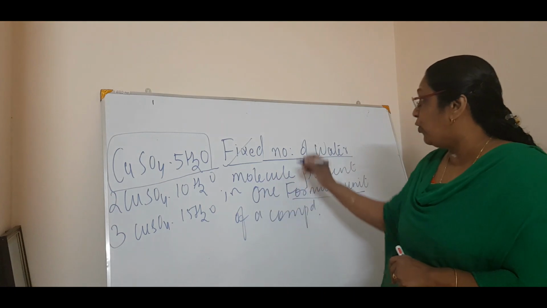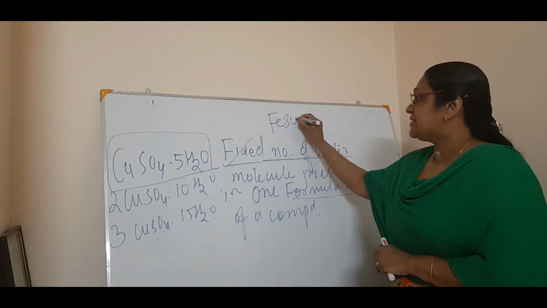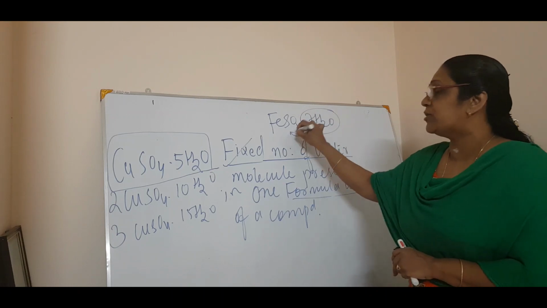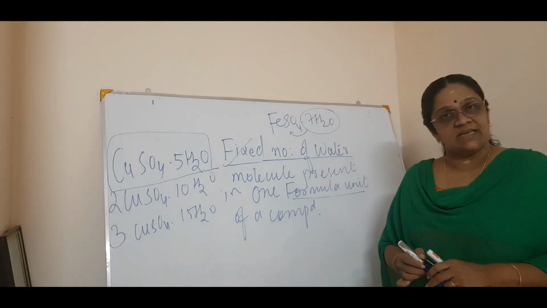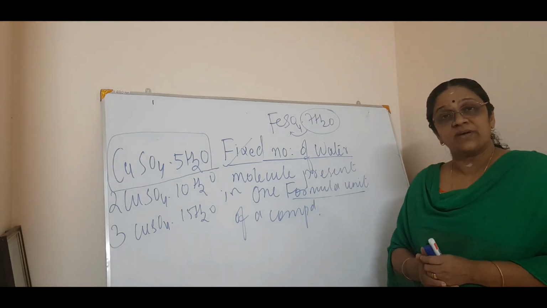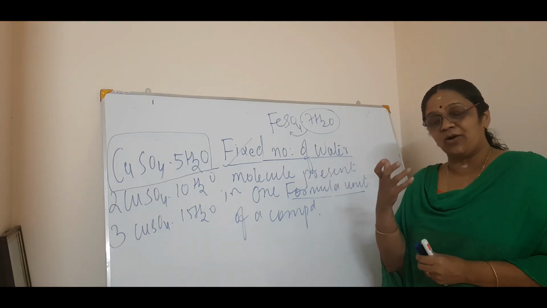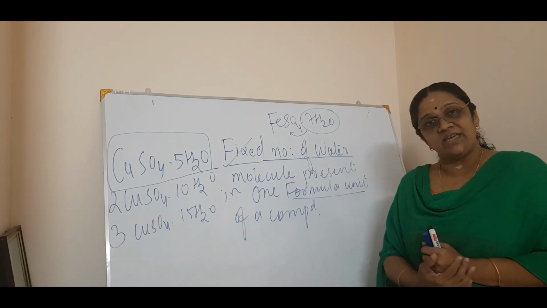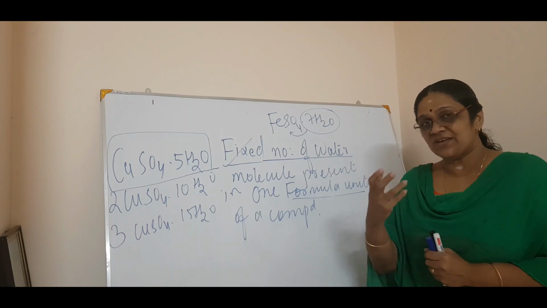Correct. For example, what is the water of crystallization of ferrous sulfate? Ferrous sulfate needs 7 H2O to get crystals. Correct. So this is all about water of crystallization. Now you understand the concept of why this is not wet, it is dry in nature. Isn't it? So that is interesting.